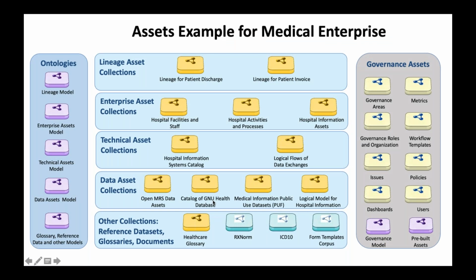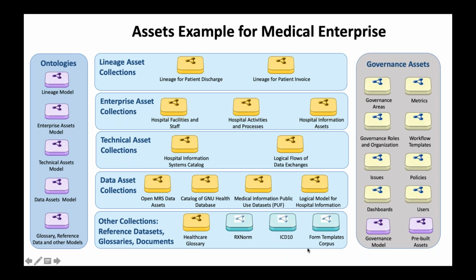Now let's take a look at an example of the kind of asset collections and assets you may have for your implementation. Here we're using a small example for a fictional medical enterprise, and going up from the bottom of the center panel, you see that there's a glossary, and two reference data sets containing some commonly used codes in the medical domain, RxNorm and ICD-10.